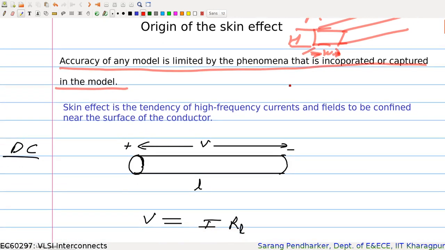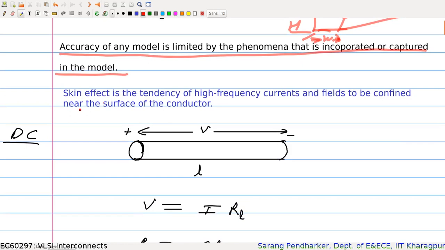All of you by this time, whether you are from an electrical background or an electronics background, must have encountered the term skin effect. Skin effect basically is the tendency of the high frequency currents and also fields to be confined near the surface of the conductor.